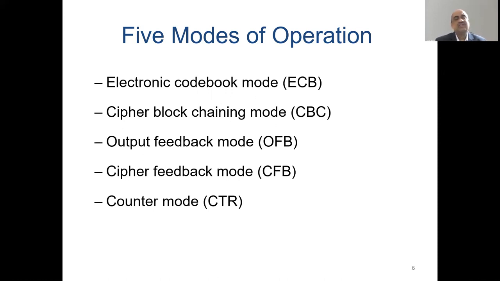Out of these, in this video I'm going to explain the first two modes of operation, ECB and CBC, whereas OFB and CFB can be used as stream ciphers. In a later video, we'll cover OFB, CFB and the counter mode of operation.